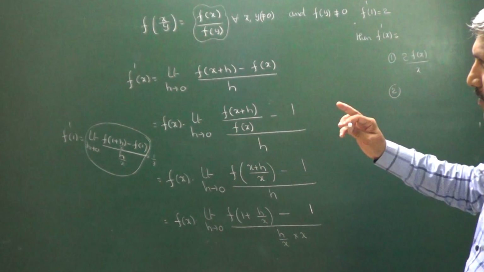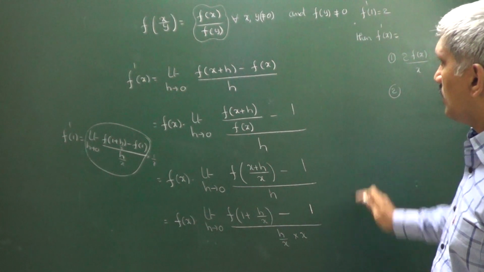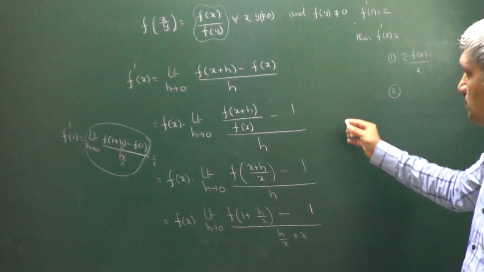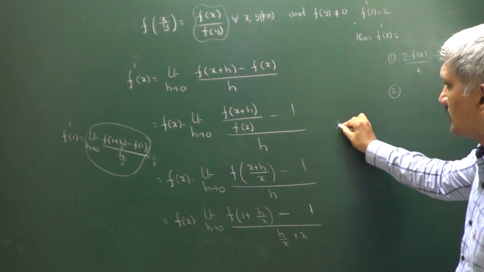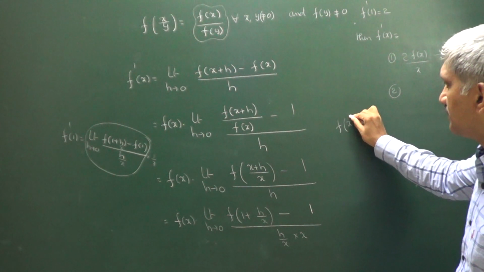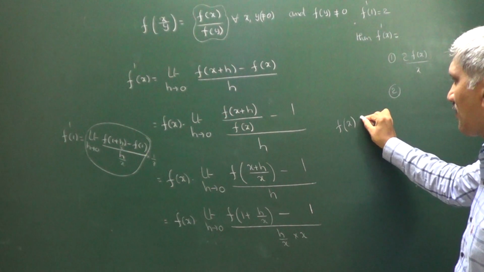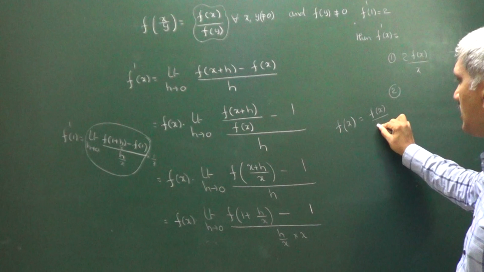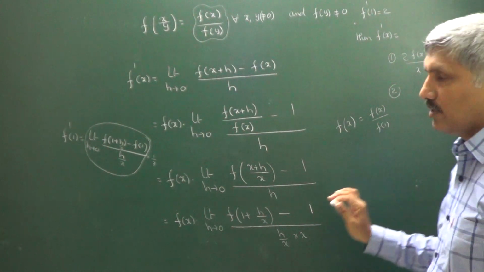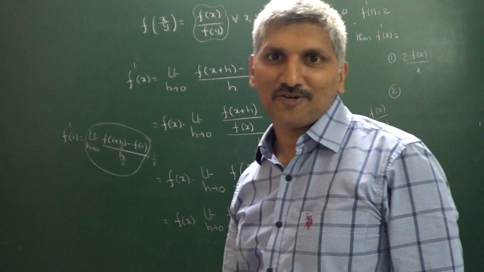That's why, observe here: in the functional equation, f of x by y equals f of x divided by f of y, in place of y I am substituting 1. So f of x is equal to f of x divided by f of 1.